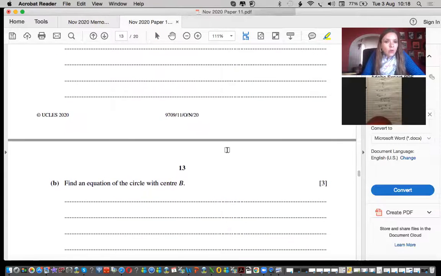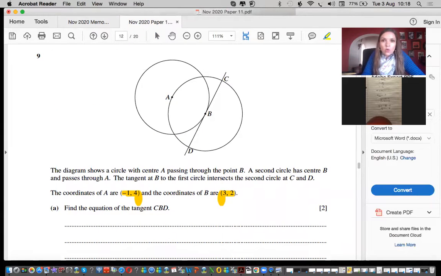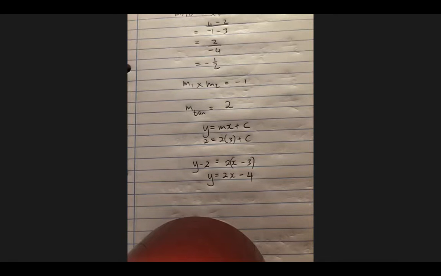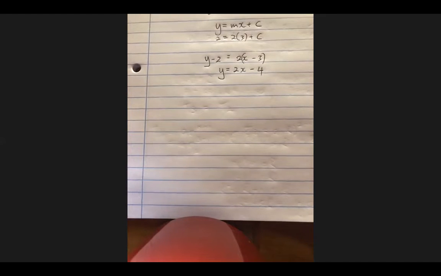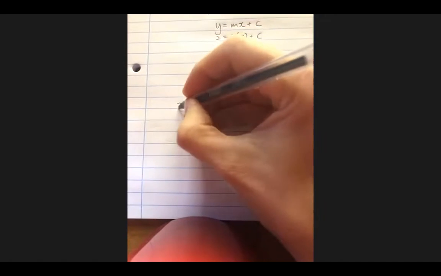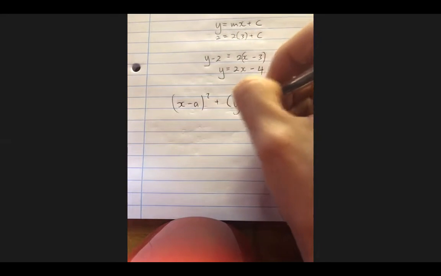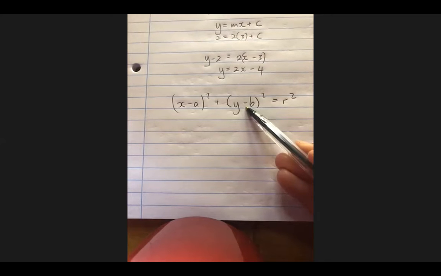They say find the equation of circle with center B. So we want this circle's equation. Unfortunately, on your formula sheet, the equation of a circle is not printed there. So this is something you have to memorize. X minus a squared plus y minus b squared equals r squared, with a and b being the center of your circle.